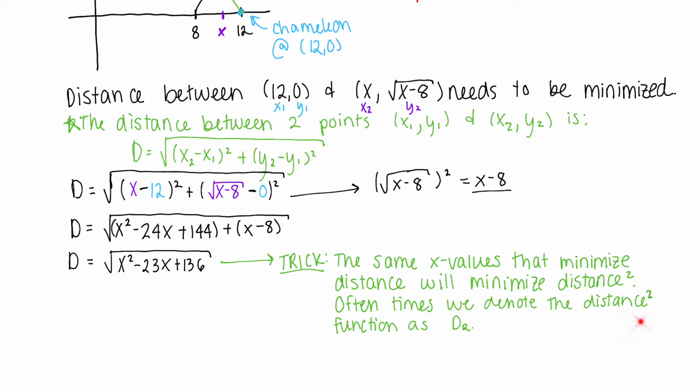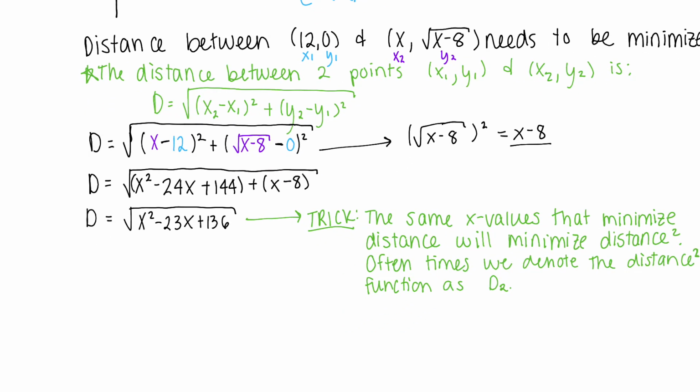So the distance squared function is the same thing as d sub 2. So that is the same thing as squaring both sides here, but we're not writing it as a square because we're not here to do implicit differentiation. We're just here to use an easier function. So if you square a square root, this is just going to get rid of the square root.